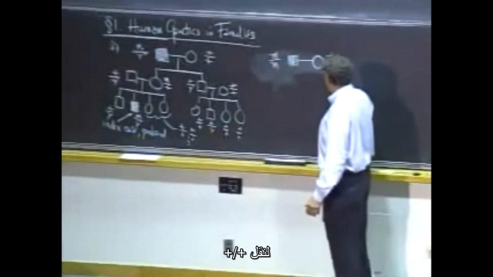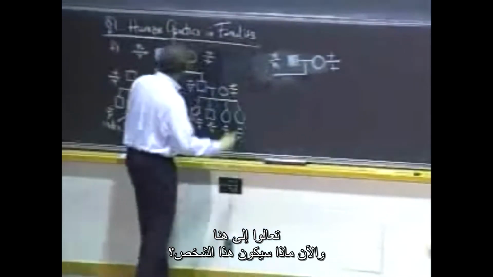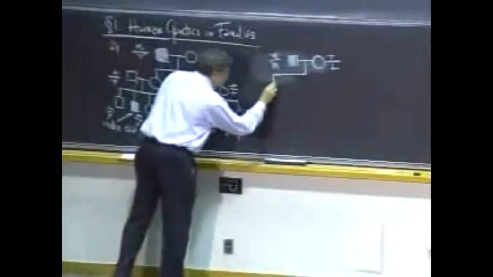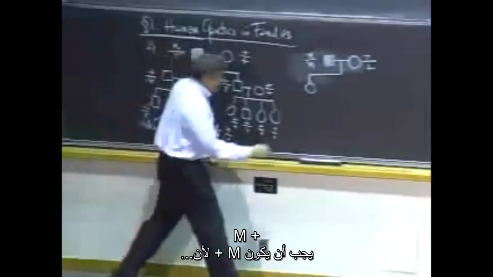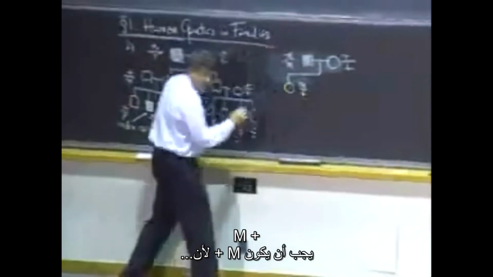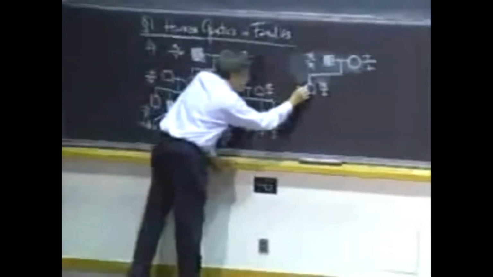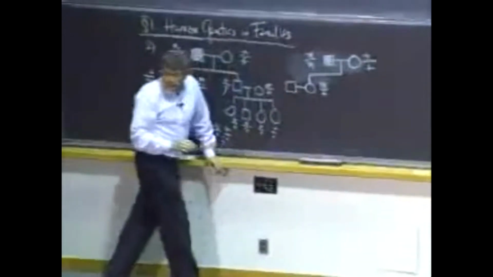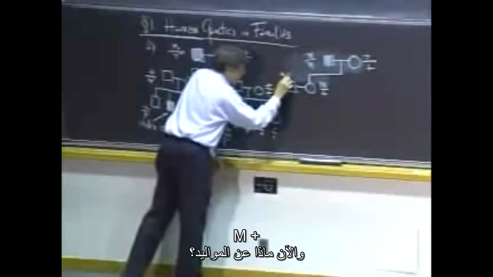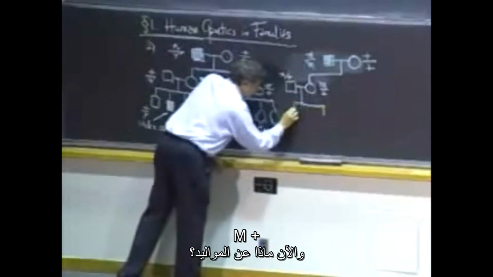Yeah, okay. So what would this person be? Plus over plus, let's say. Come over here, and now let this person be M plus, has to be M plus because, okay, and what about this person here? M plus. Now what about the offspring?